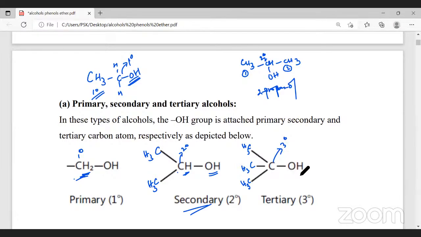This tertiary carbon atom containing an OH group is called a tertiary alcohol. So we have learned the classification of alcohol based on the number of OH groups as monohydric, and also we are classifying a monohydric alcohol based on the carbon atom as primary, secondary, and tertiary.